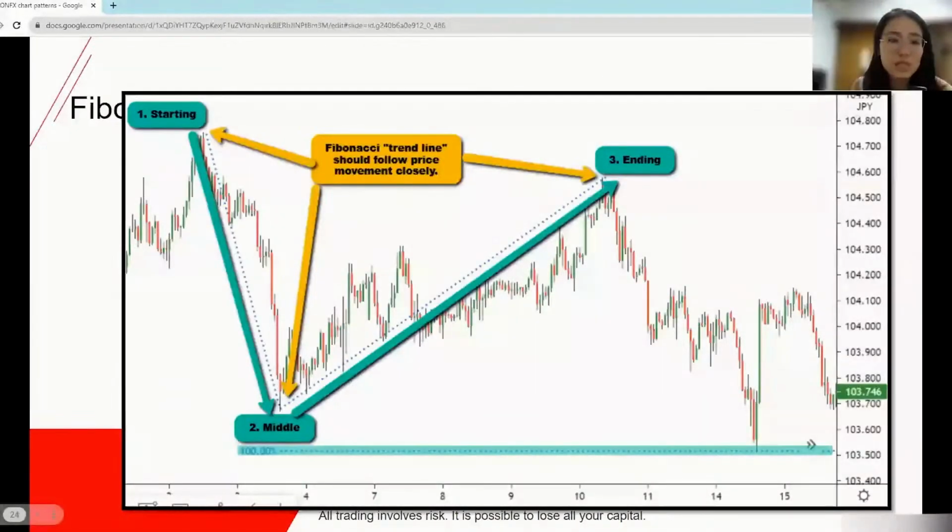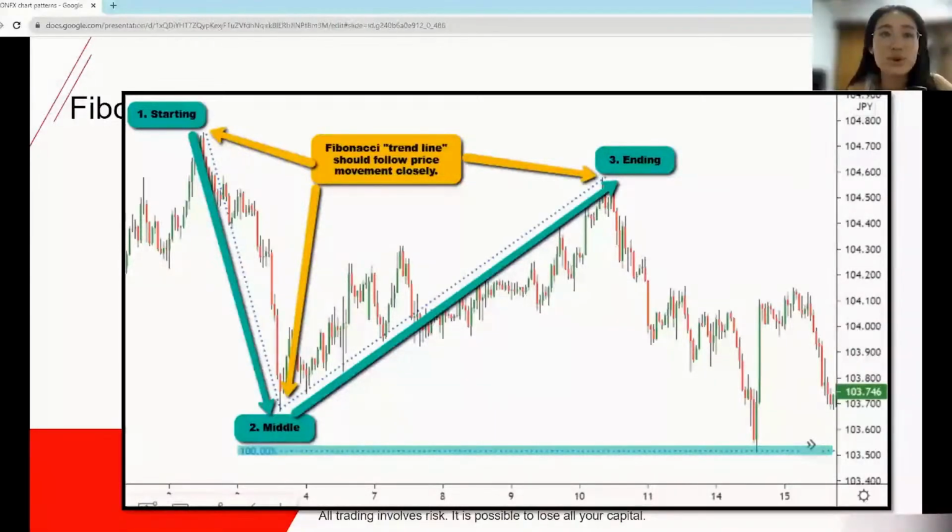Okay, let's move on. So here's another example. I'm not sure why all of my titles are covered, but here's an example of the Fibonacci projections. You can see clearly the starting, middle, and ending points here, and these follow the swing highs and the swing lows of price.